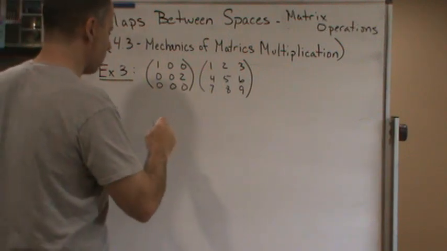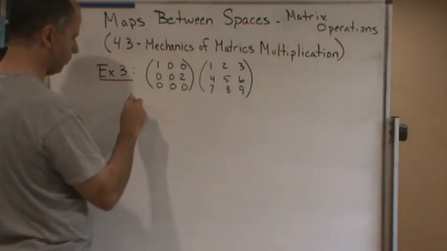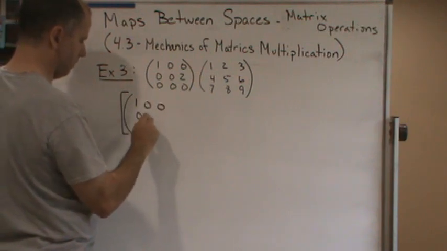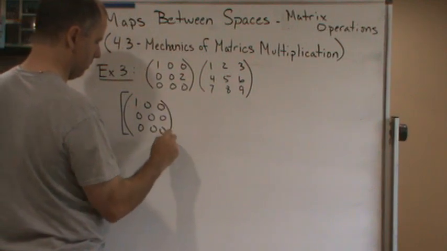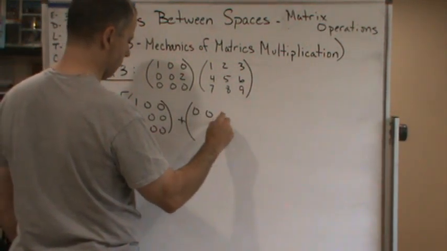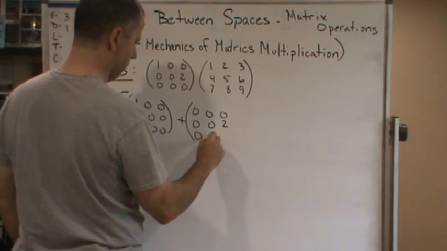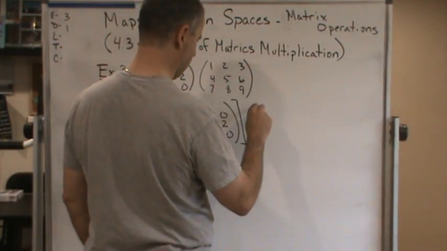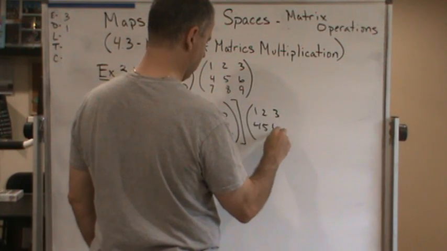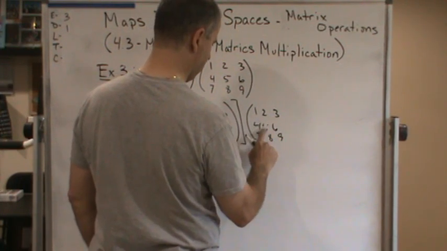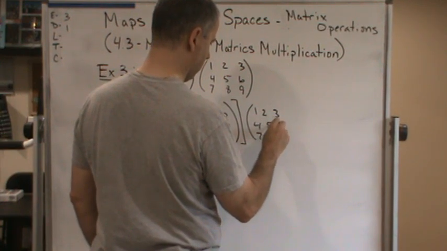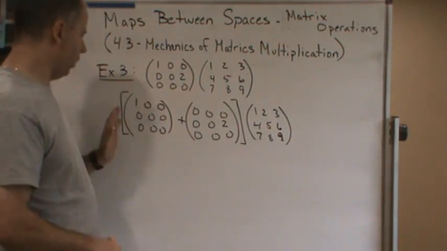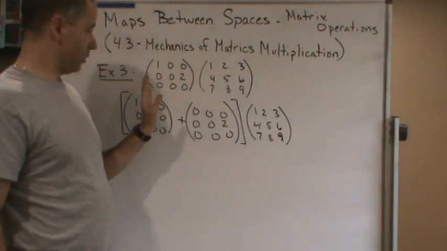Let's write this as this. Okay, so now notice again we're multiplying on the left, so we're talking about rows.